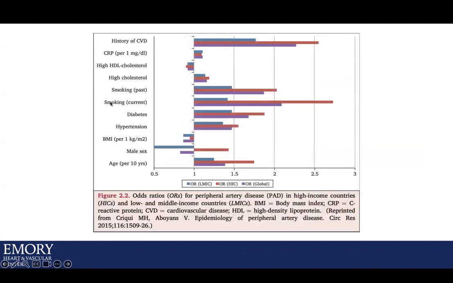This figure shows risk factors for PAD in high income and low income countries. The high income is red, low income is in blue. The risk factors, as you know, are smoking, diabetes, hypertension, hyperlipidemia, and patients with diabetes are widely recognized as having a higher risk of amputation.